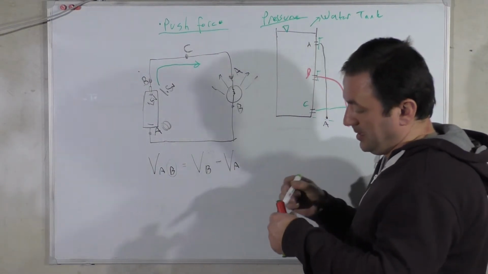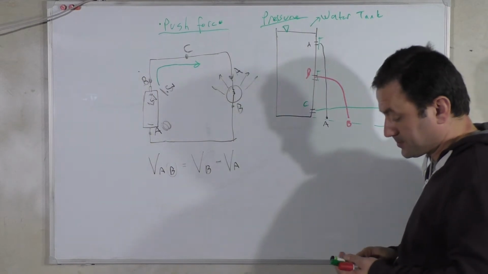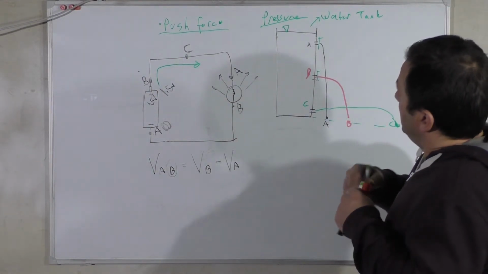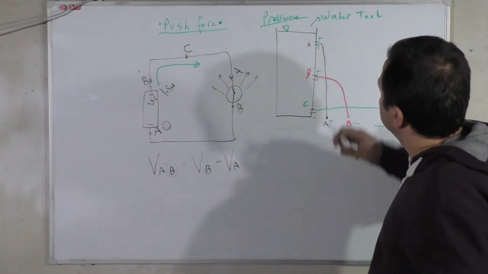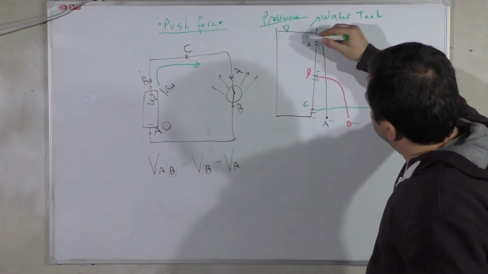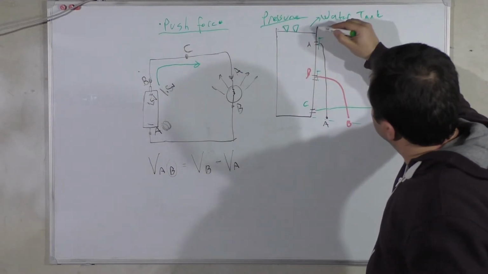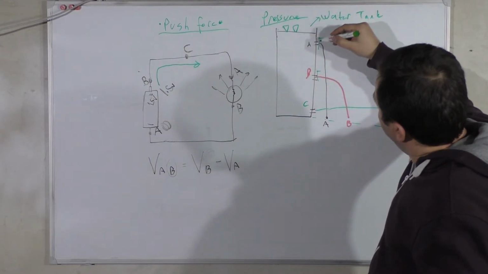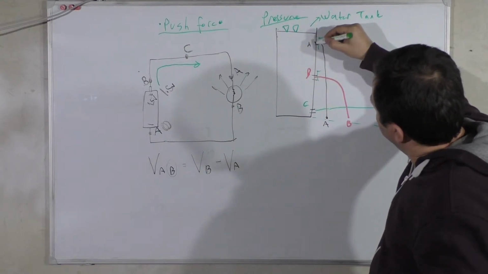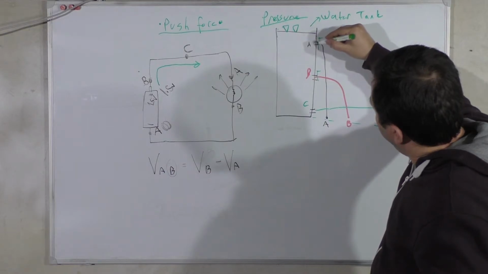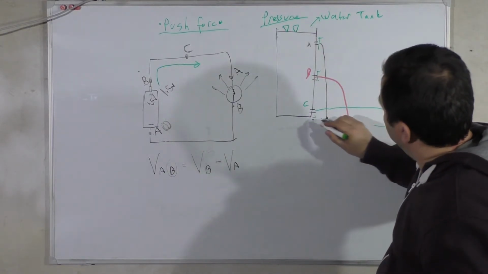So let's see it in the water analogy. Voltage can be described as water pressure, and I have water here at the top of the tank. When I open the valves at the same time, from point A, water hits here. Here is our ground.